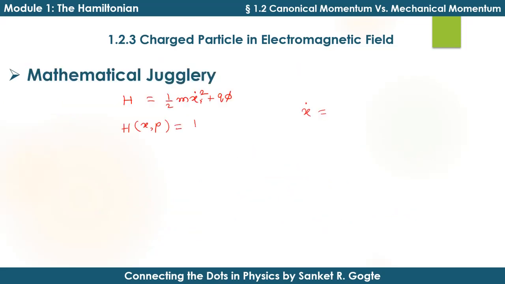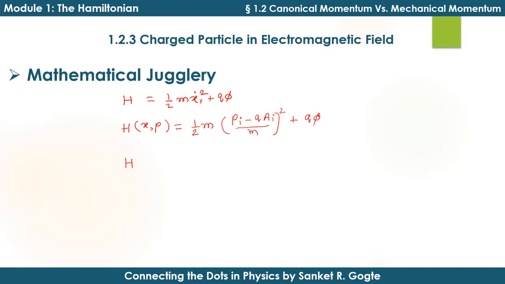So I get 1 by 2m into pi minus q ai divided by m whole square, plus q into phi.